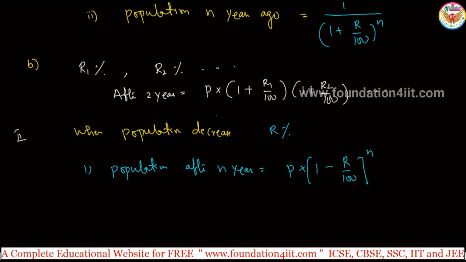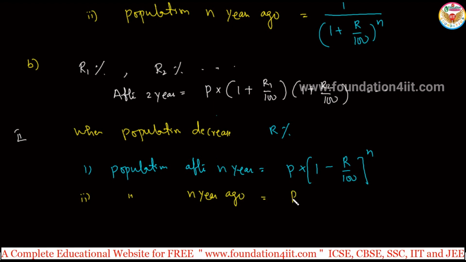Same for population n years ago. Before, if it is decreasing every year, n years ago means P divided by (1 minus r by 100) all to the power n.